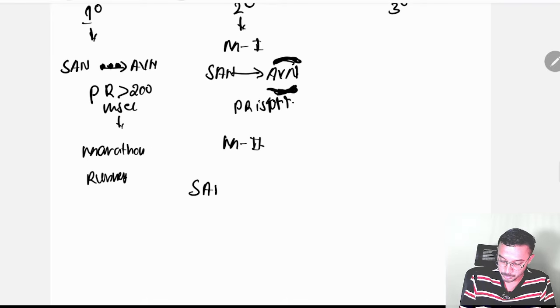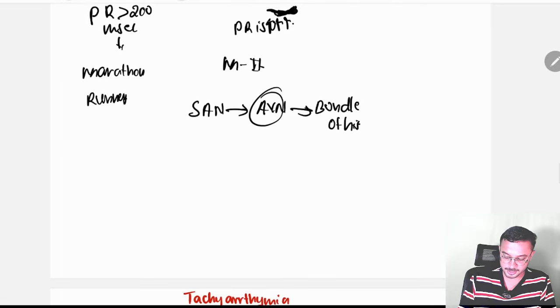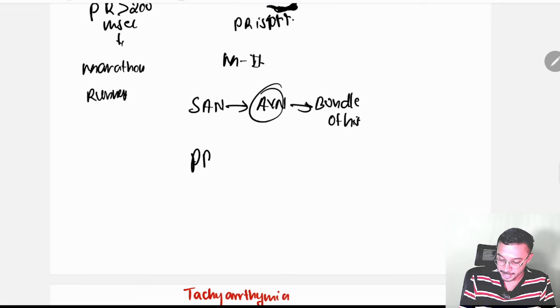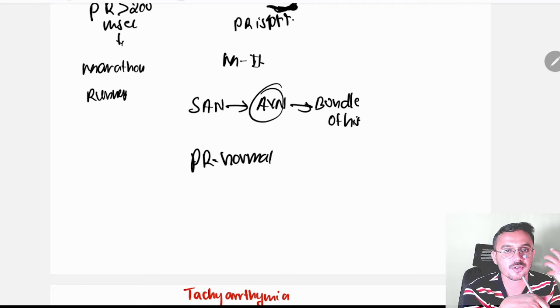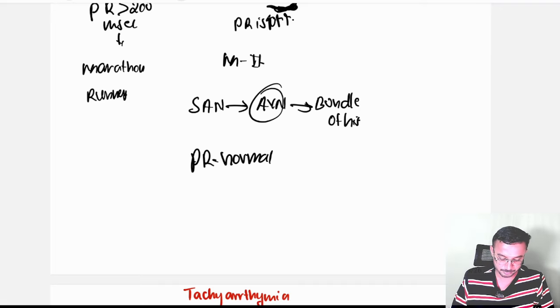But when you come to Mobitz 2, the problem is not in the AV node. It is completely good and the problem is in the bundle of His. So that's why the PR interval is normal, because the AV node is responsible for the PR interval, but in this condition the AV node is completely fine, right? So the missed beat I have taught you over here.